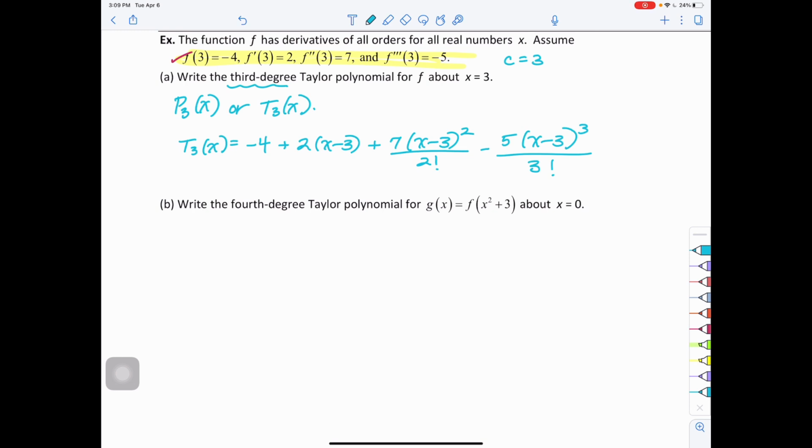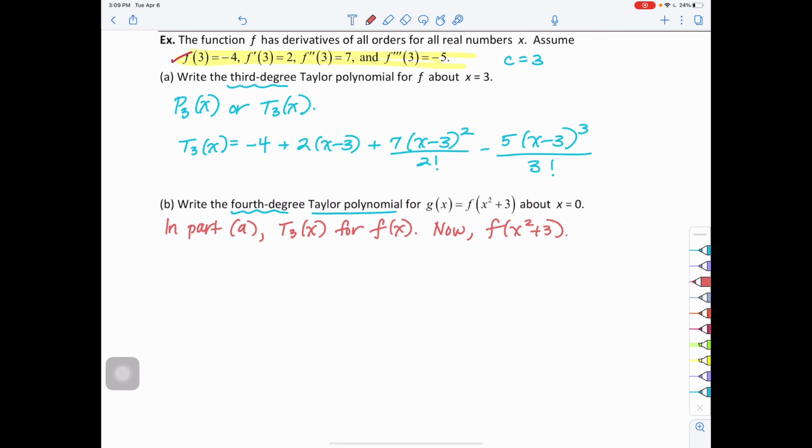Write the fourth degree Taylor polynomial for g of x equals f of x squared plus 3. Well, in the previous problem, in part A, we had a Taylor polynomial. So we had T3 of x for f of x. So now we want f of x squared plus 3. So our previous x is now x squared plus 3.